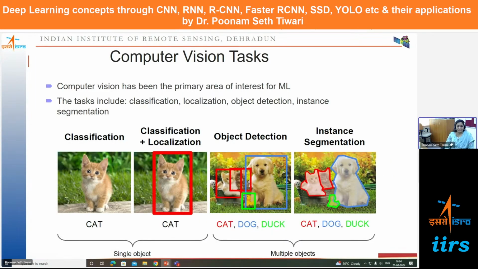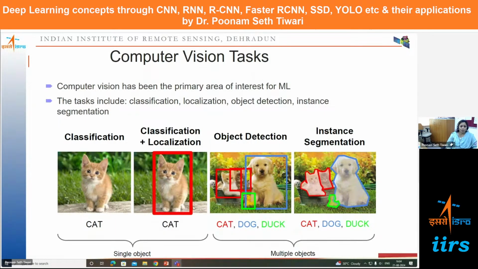Basically, computer vision is very, very important in deep learning. Computer vision has been a primary area of interest for machine learning applications. Within computer vision, we have tasks such as classification. That means if I say that this particular image is a cat, this can be termed as classification.